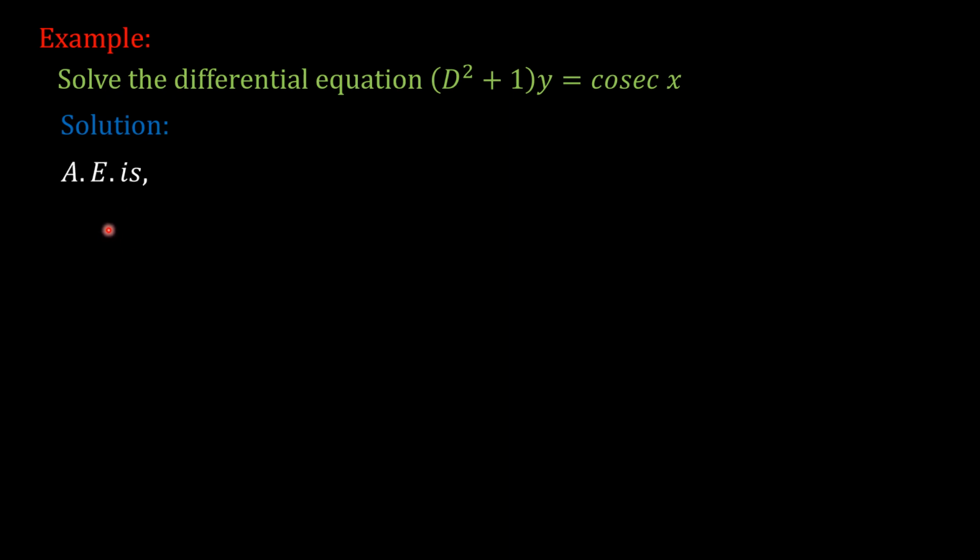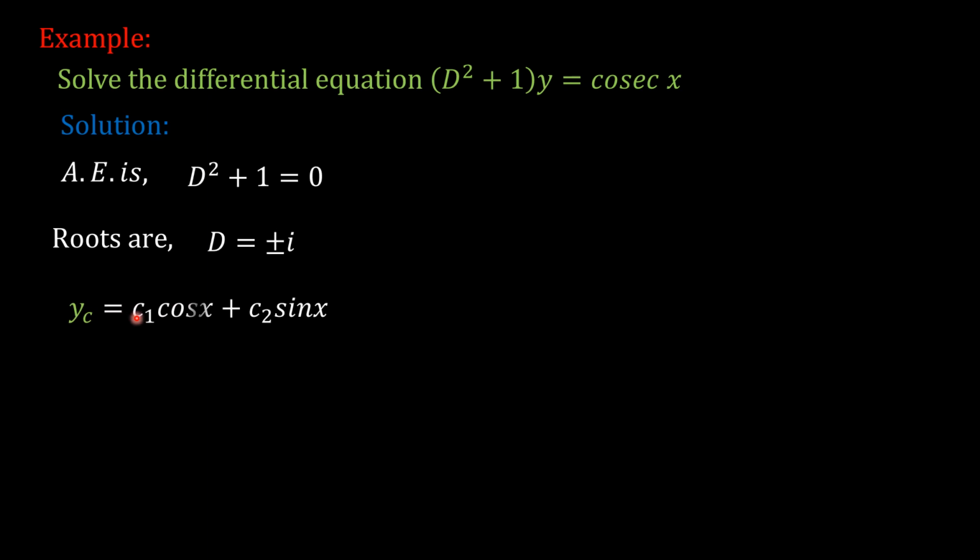Solution. The auxiliary equation is D square plus 1 equal to 0. So the roots are D equal to plus minus i, which are complex roots with real part equal to 0. Hence, the complementary function is yc is equal to c1 cos x plus c2 sin x.